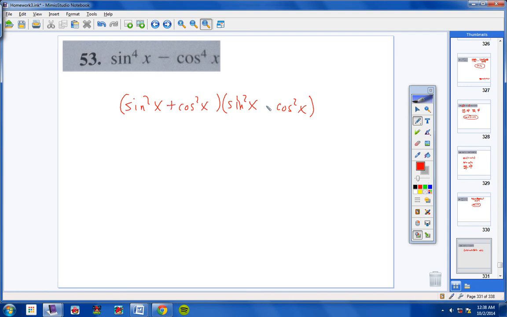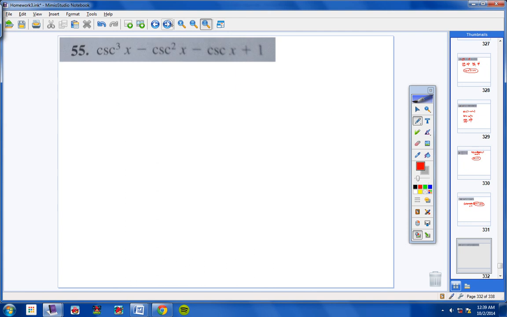Make one positive, make one negative, and now sine squared plus cosine squared is 1. So this whole parentheses here becomes a 1, and 1 times anything is just itself, and that is the answer. Yep, so there's the answer right here. All right, number 55.